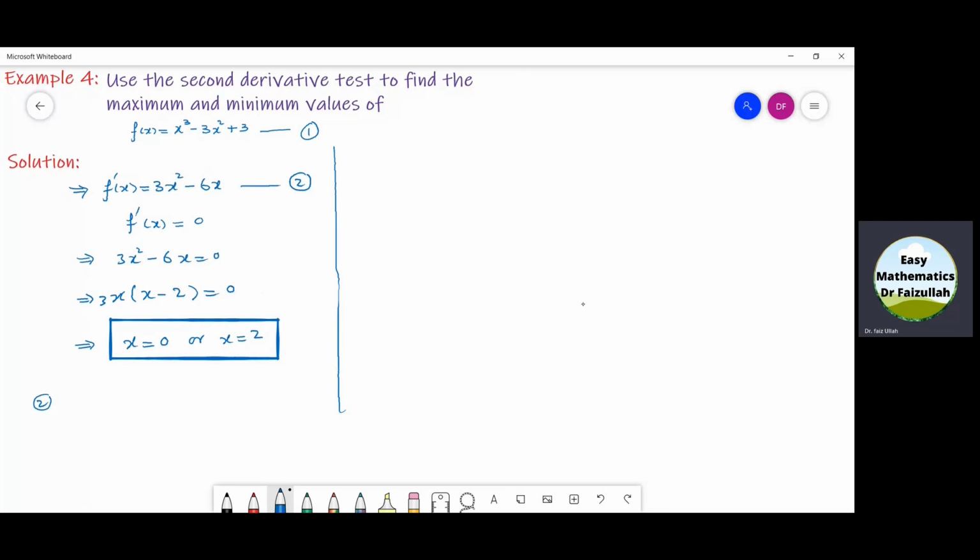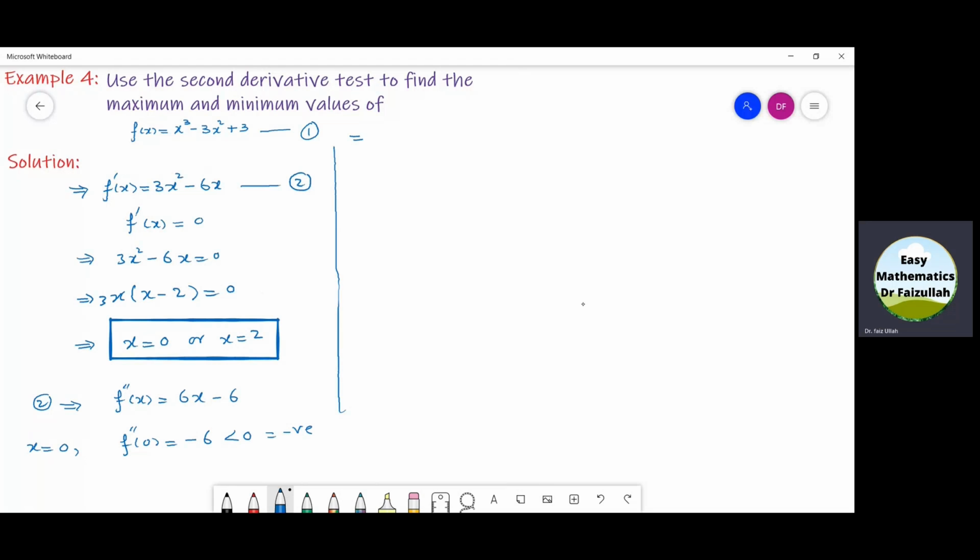We differentiate 2 once again. So we have f double dash of x, which is equal to 6x minus 6. And now let us put the first point, which is x is equal to 0 in f double dash. So f double dash of 0 is equal to minus 6, which is less than 0. In other words, this is a negative number.